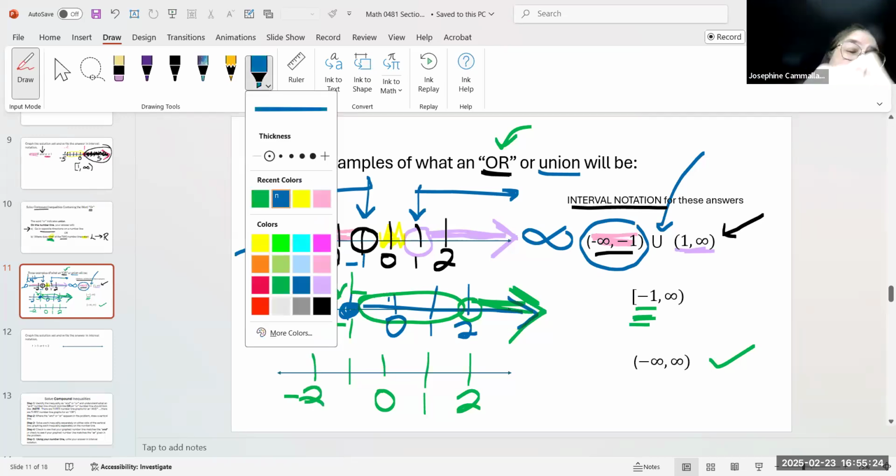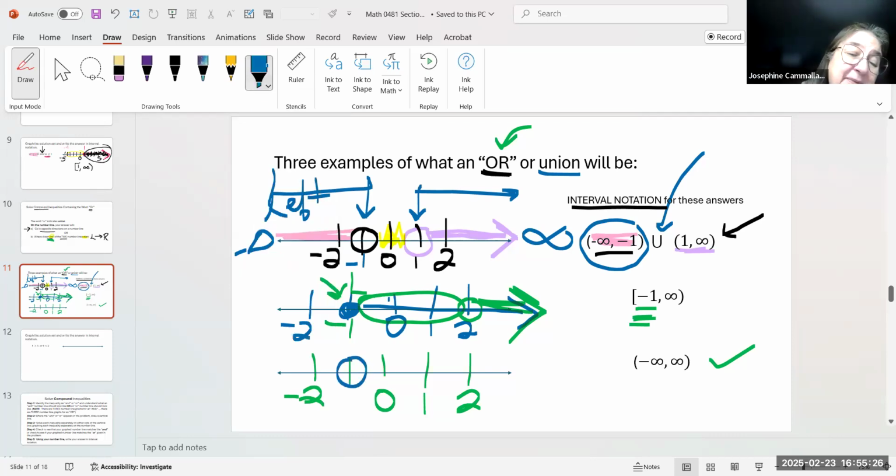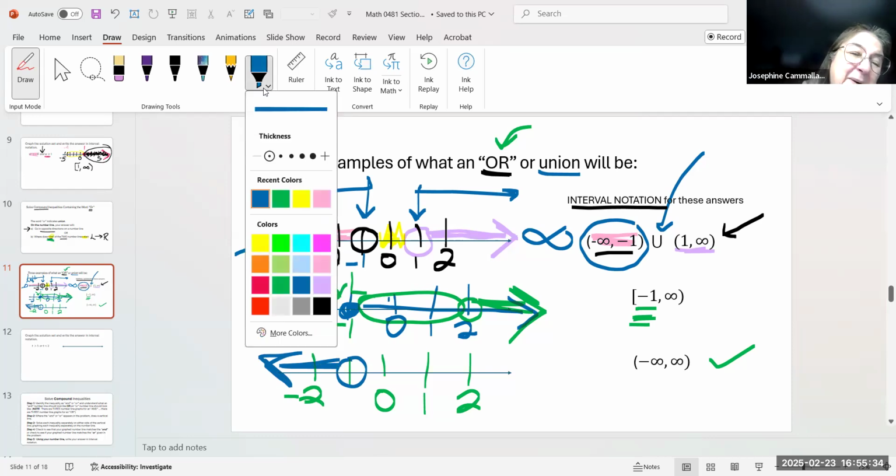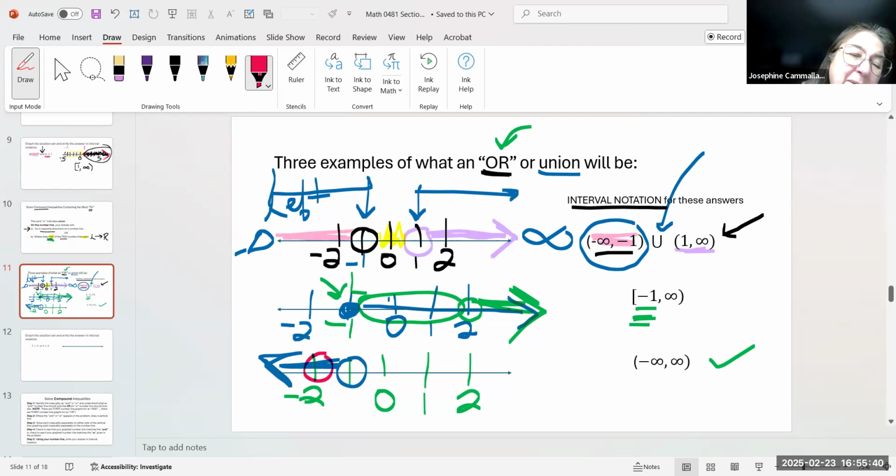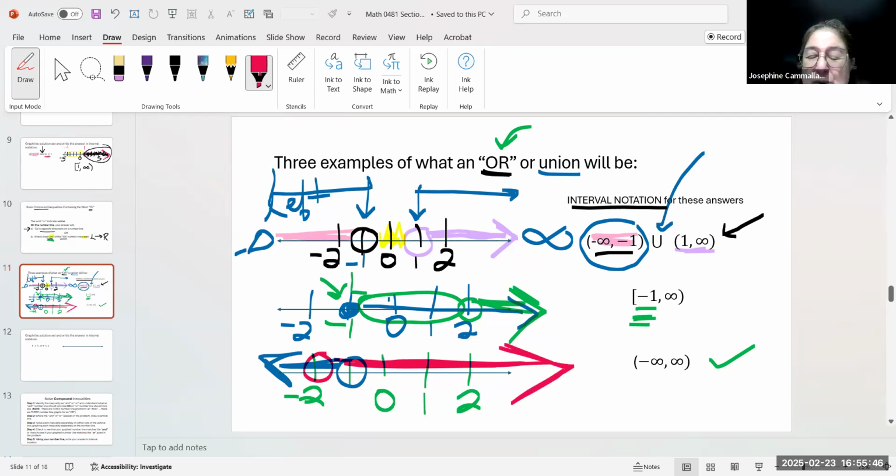This is the perfect example. Do you see the red and the blue go in opposite directions?